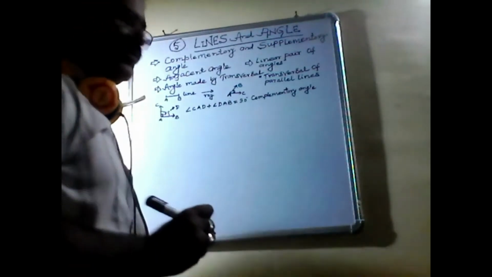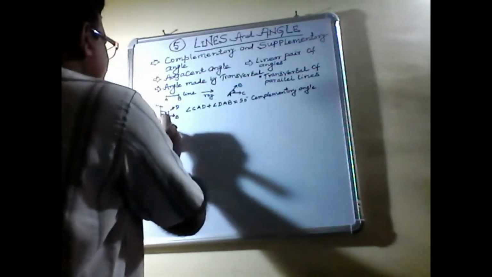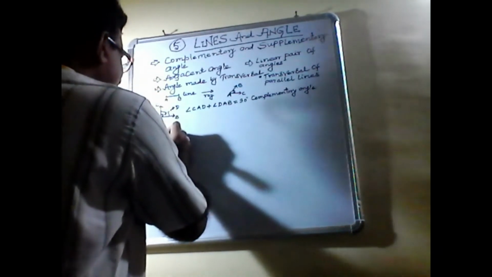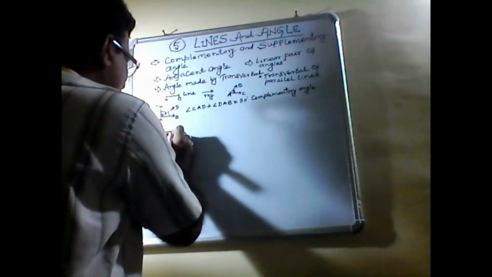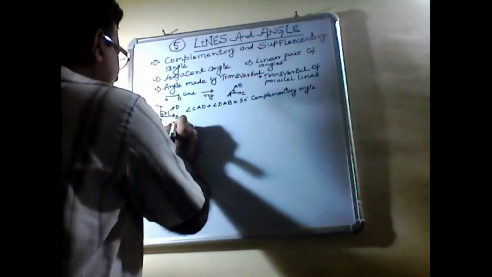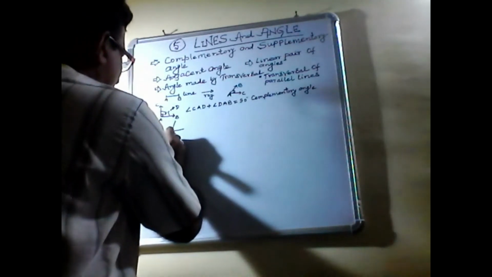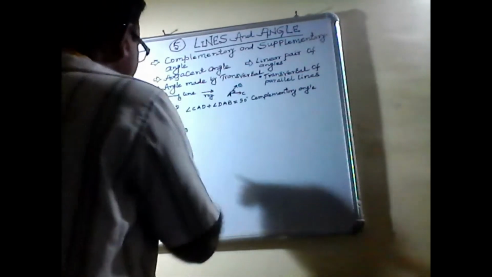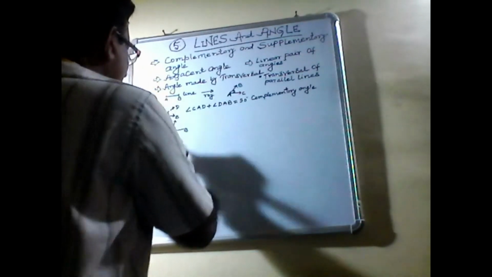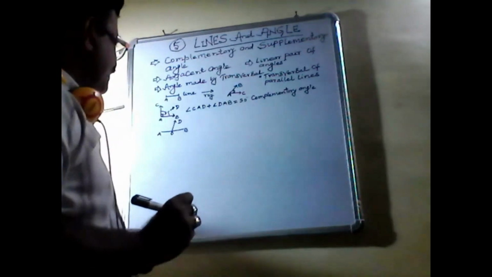Students, you go to the next point. This is the supplementary angle. Suppose this is a linear pair. If it is AB, O is a point, and another line segment is OD.